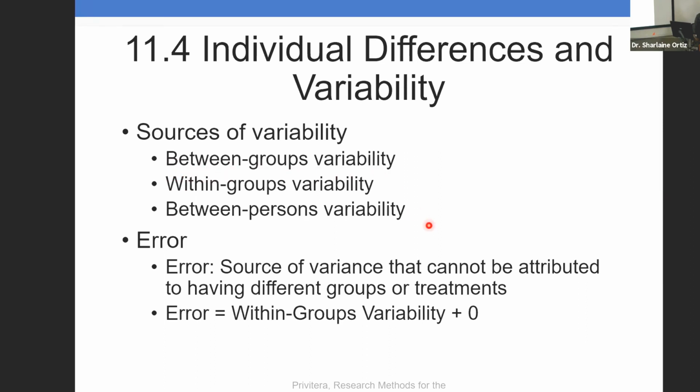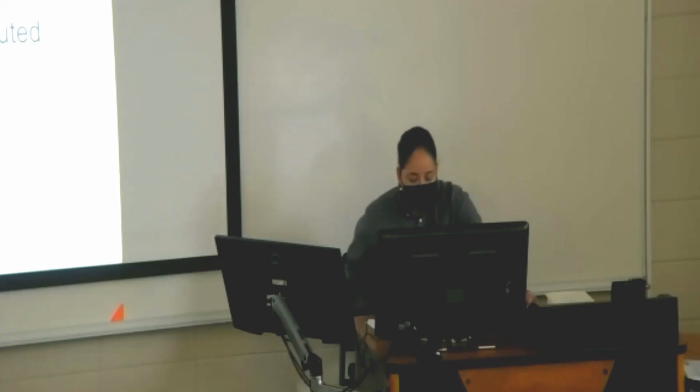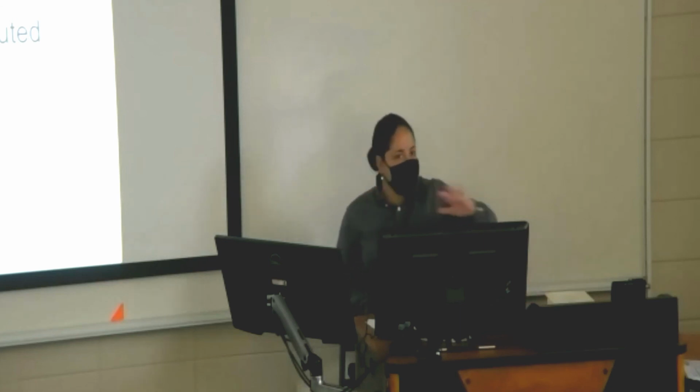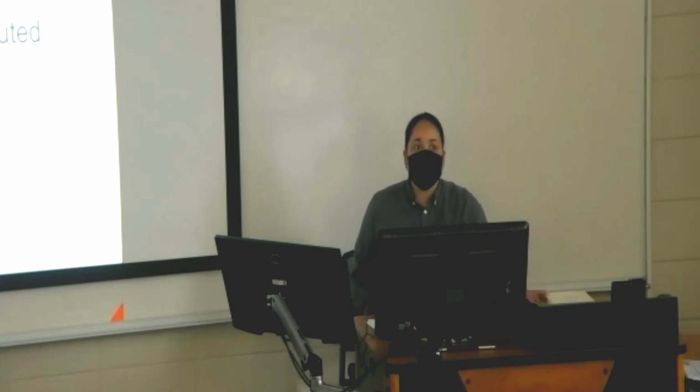Now, you heard me use the term error. When I am referring to error, what I am talking about is any source of variability that did not come from the independent variable.